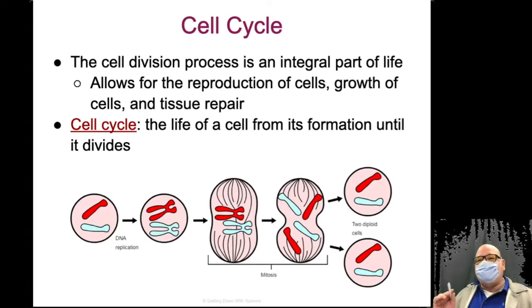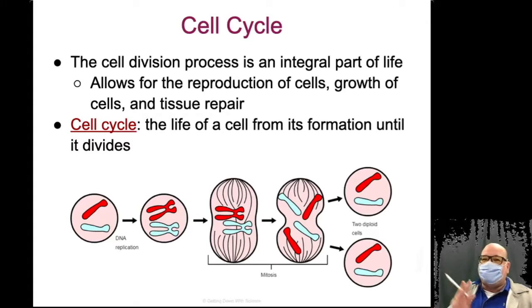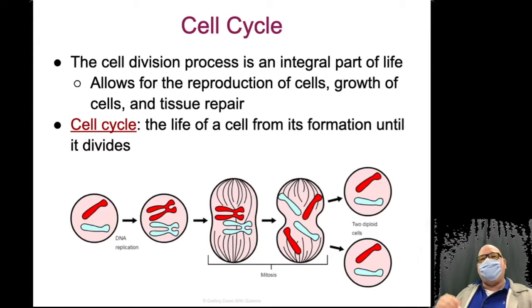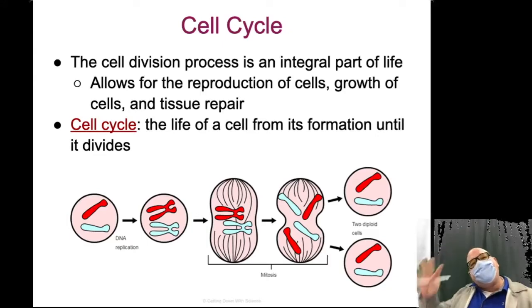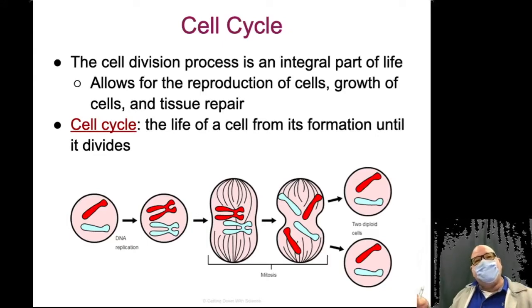Brain cells and nerve cells are an example of this. Once they get set up during development, they don't divide anymore. That's why if you injure your brain or nerves, they don't really regrow. If you sever your spinal cord, nerve regeneration is not something that your body does very well. So not every cell does this, but a lot do.